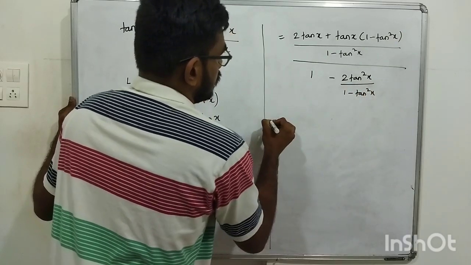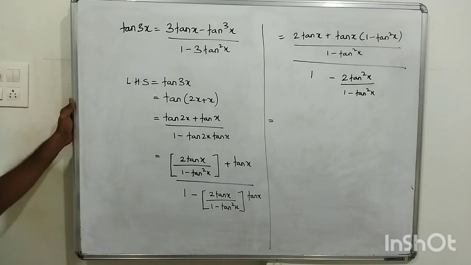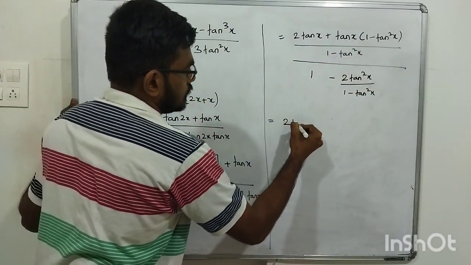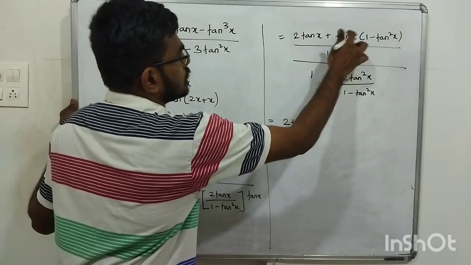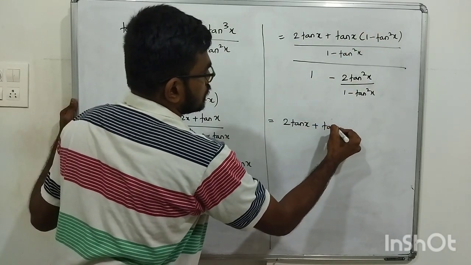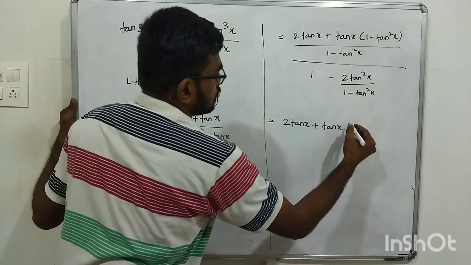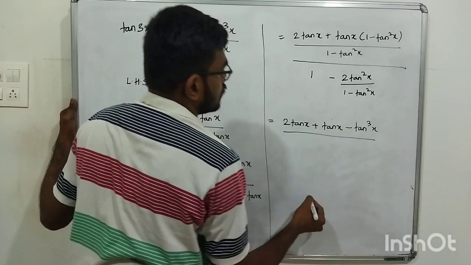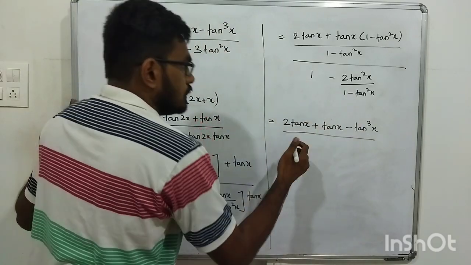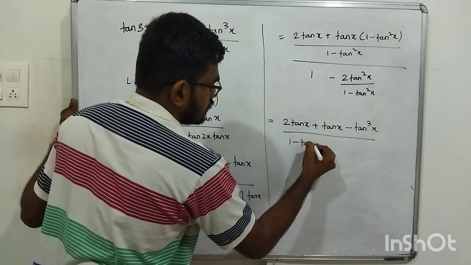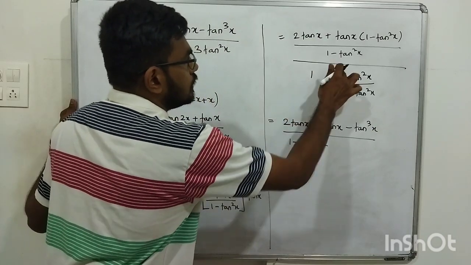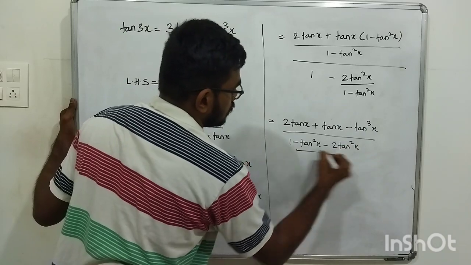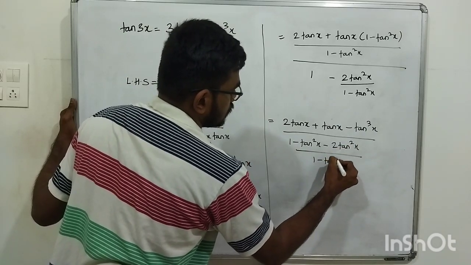Okay, next step is just simplification. So now tan x will multiply inside. What will we get? 2 tan x, then this tan x into 1 is tan x, this tan x into tan square x is tan cube x, upon here 1 minus tan square x into 1 is 1 minus tan square x, minus 1 into 2 tan square x, 2 tan square x upon 1 minus tan square x.